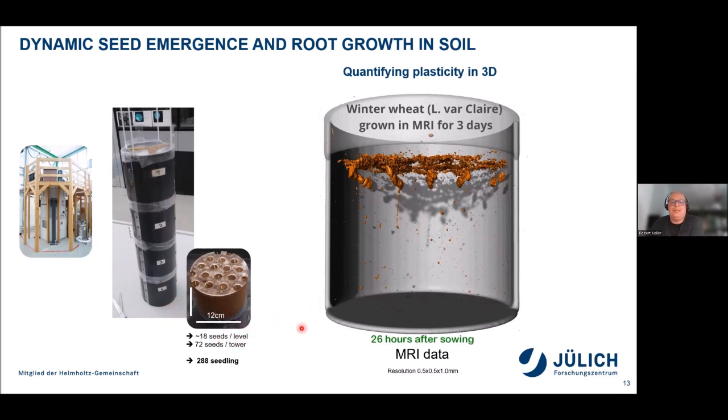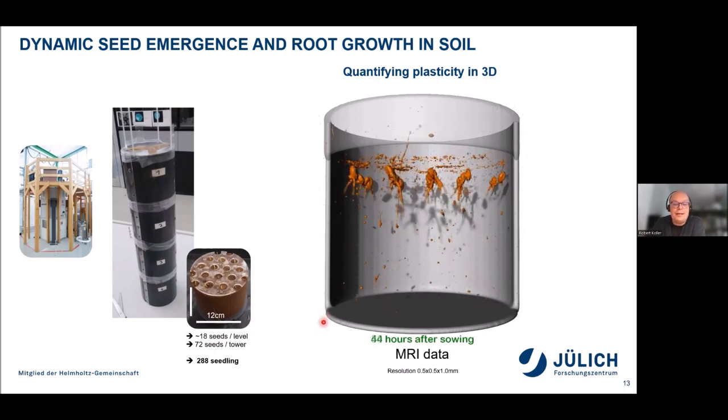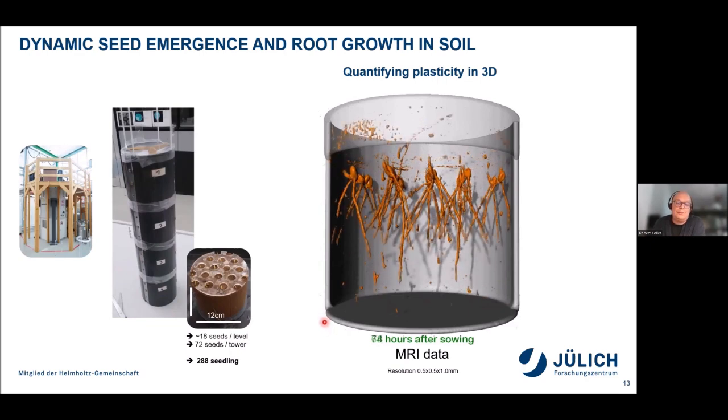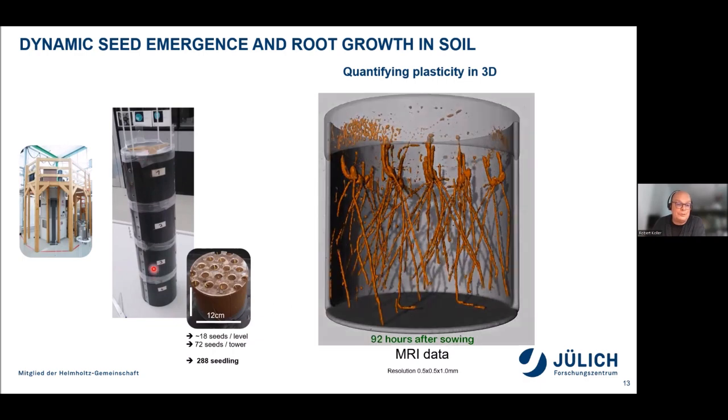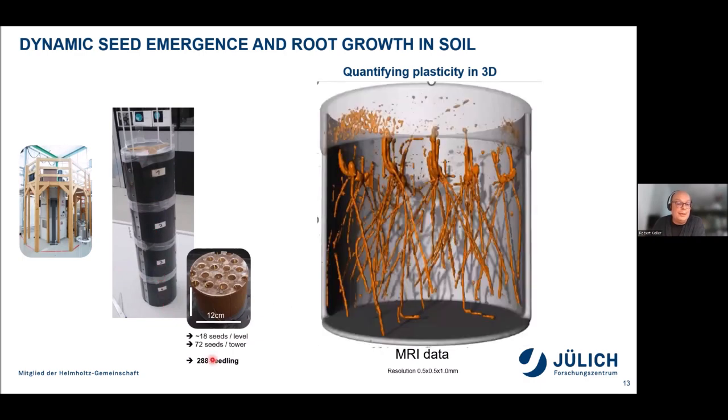He was able to segment those seeds and scan the roots inside these towers at a high temporal frequency. We were able to scan in this experiment up to almost 300 seedlings over several days.